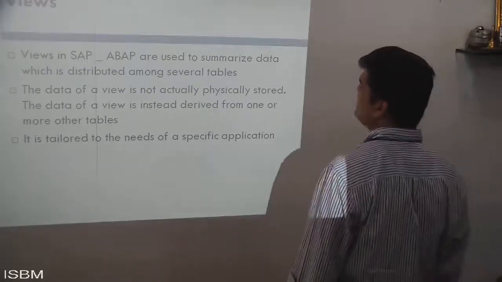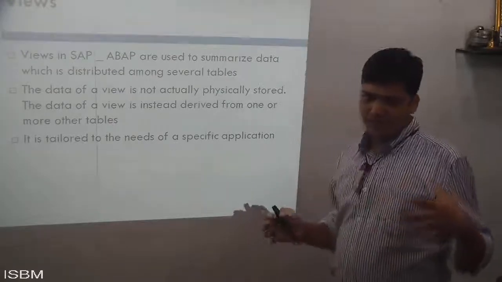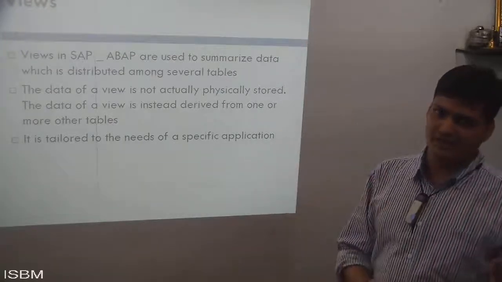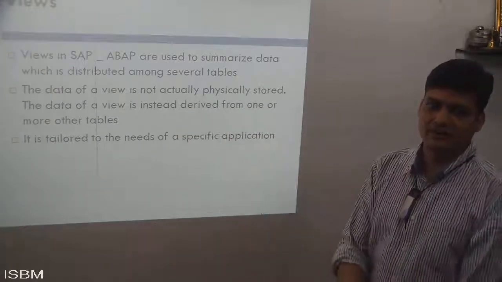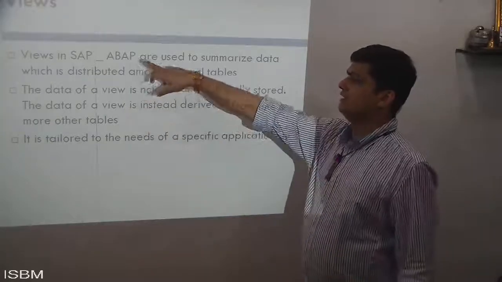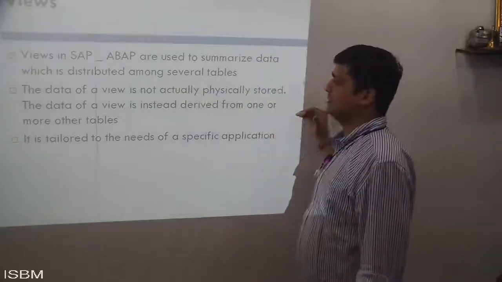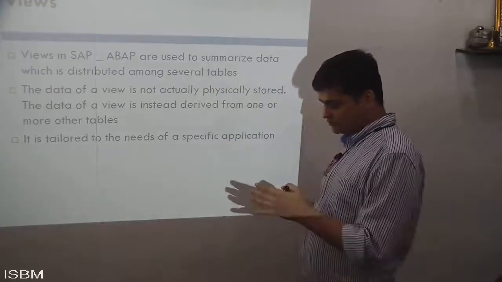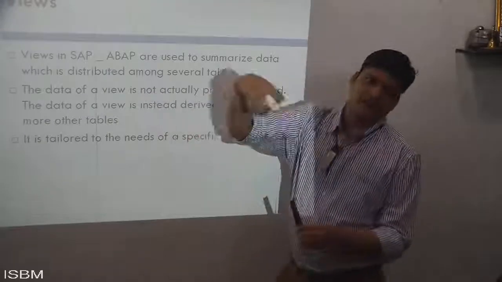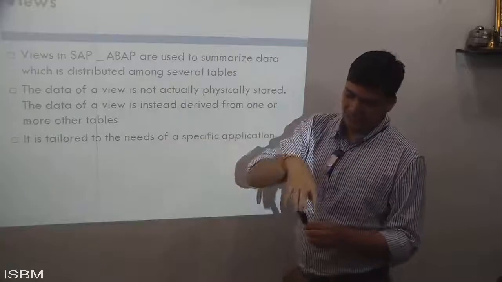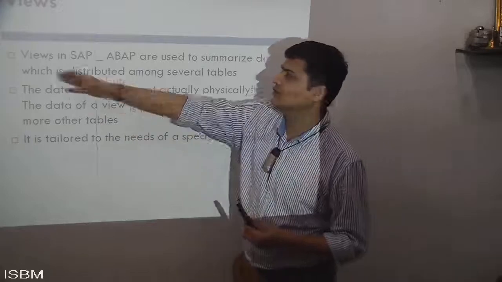Views in SAP ABAP are used to summarize data which is distributed among several tables. From different tables, we get the data and collate it into one place, a kind of table which is called a view.